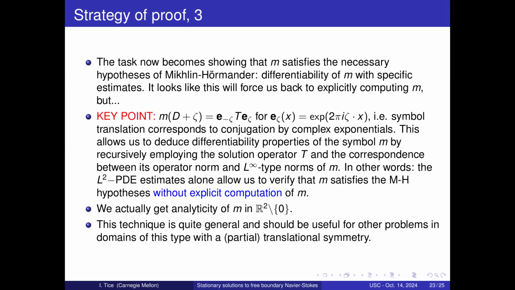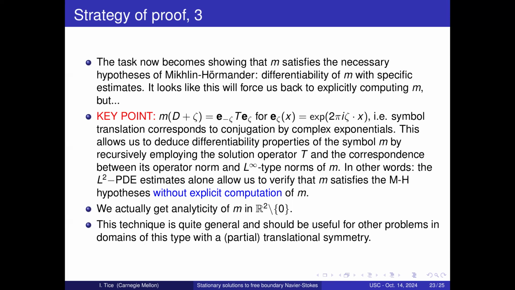So what I'm saying here is that the operator that corresponds to taking M of xi on the Fourier side and translating it by zeta is exactly the same as the original operator, but with multiplication by exponentials built in.